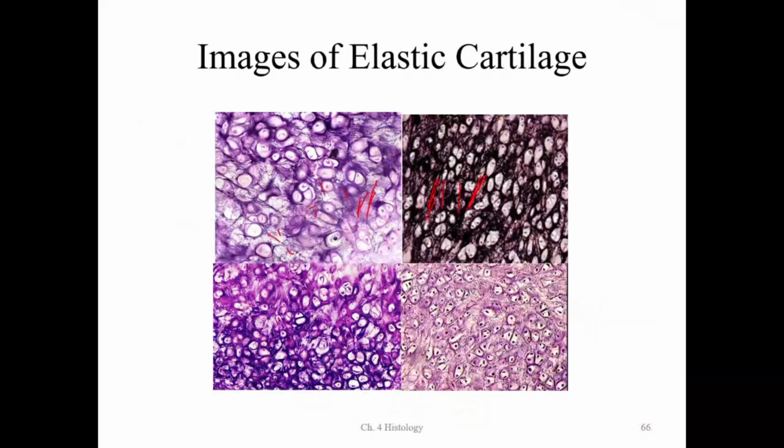All these fibers between the cells, heavily seen. And we have lacuna. Okay? Cells in lacuna. But you're not going to have the multiple cells hanging out in one lacuna like we do with hyaline.